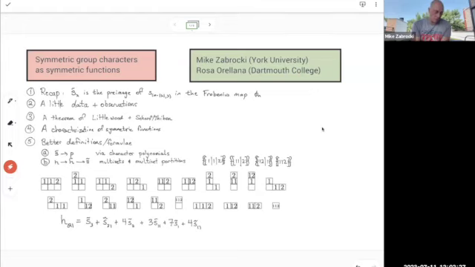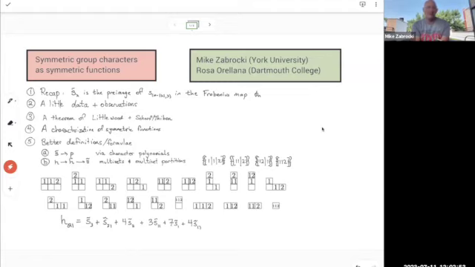I'm going to cover a theorem of Littlewood and Scharf-Thiebaud because that helps us get a combinatorial interpretation. This restriction problem from a GLN representation down to SN has been considered over the last 100 years, really since the time of Schur.